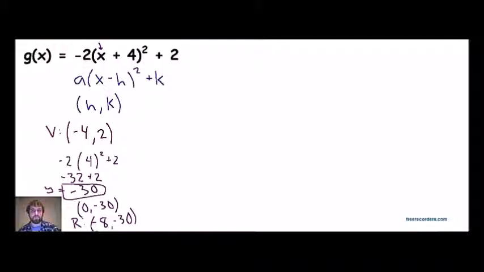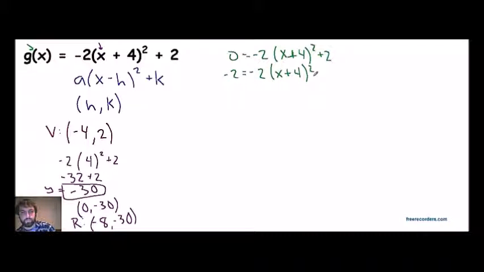Let's go find the x-intercepts. Well, x-intercepts are when our y value is 0, right? So if I've got 0 equals this goodness, one of the other beautiful parts of vertex form is you basically already did completing the square. So now I can subtract 2 from both sides. I can divide both sides by the negative 2. And now I have some quantity I can take the square root of. That's nice. So we're going to end up with a plus or minus 1 equals this x plus 4.